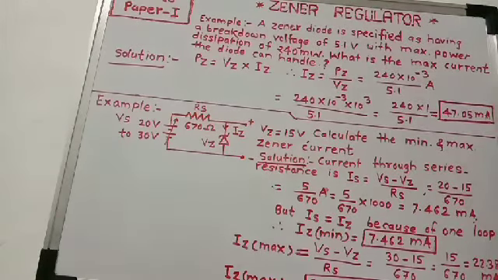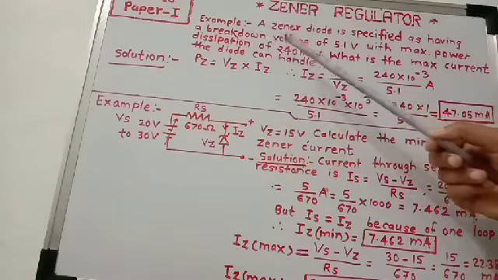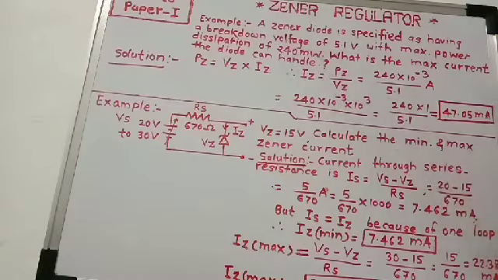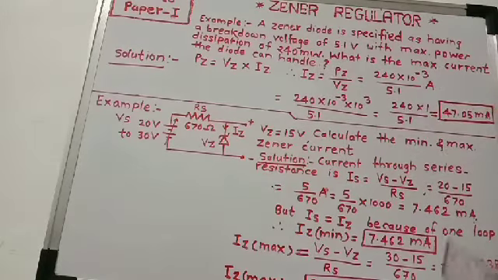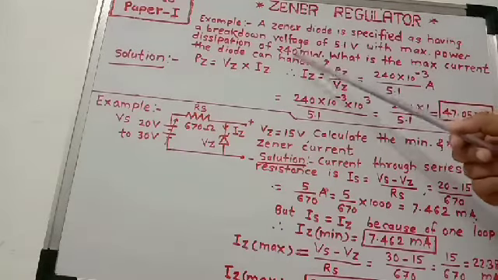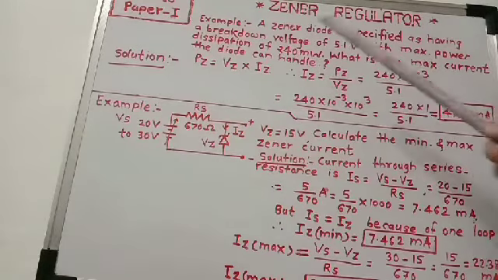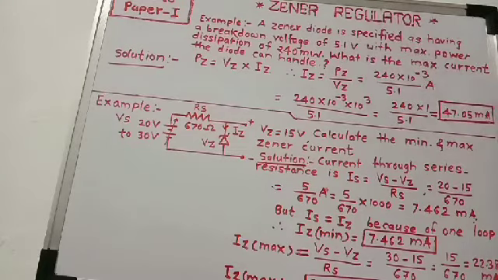That is, we are given a Zener diode having its breakdown voltage of 5.1 volt with maximum power dissipation of 240 milliwatt. Means the power rating of the Zener diode is given and it is 240 milliwatt.